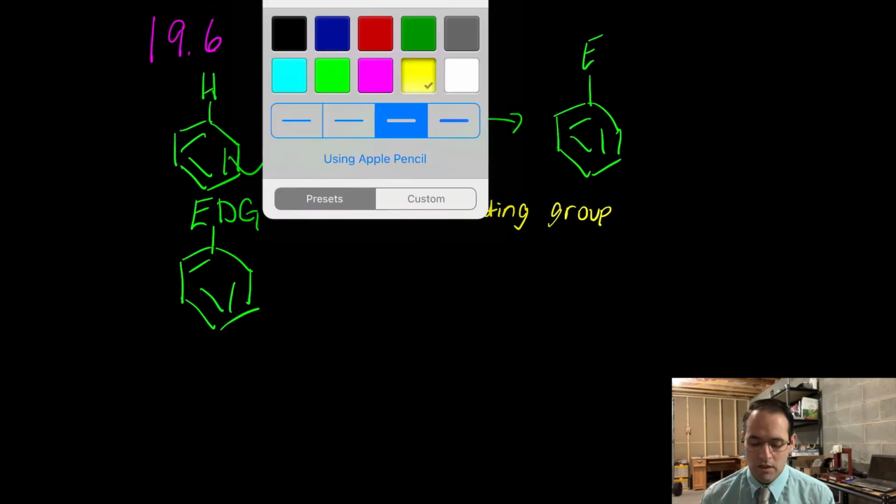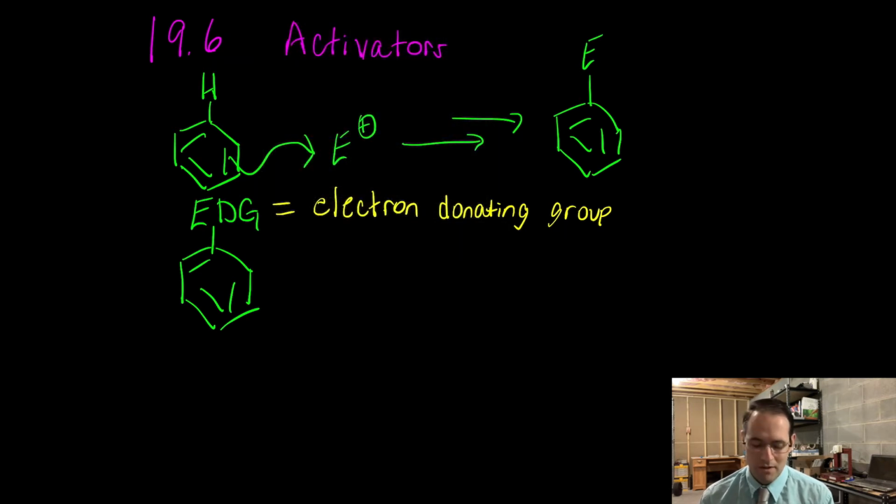electrons moving. So in order to draw this kind of situation, you can think of the electron donating group as donating electrons into the aromatic ring and making the pi bonding electrons more electron rich. So I'm going to embolden these pi bonds that make up the benzene ring, okay, to try to emphasize this.